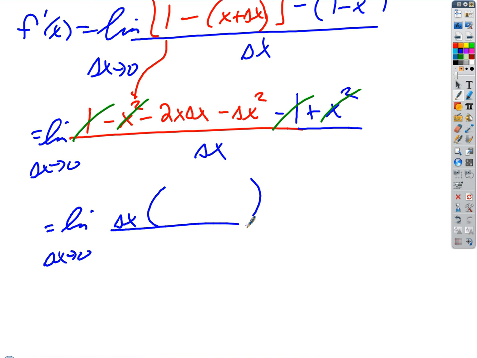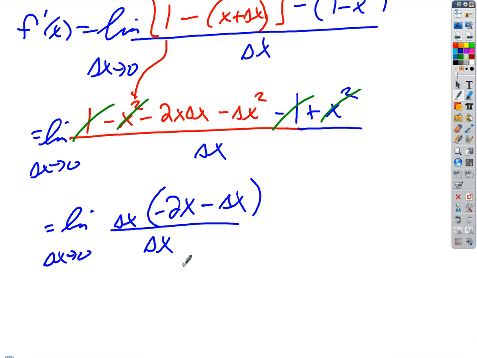I'm going to remind you that factoring is a process of division. You can always think of factoring out a greatest common factor as undistributing that factor. So if I undistribute a delta x, I'm left with a negative 2x in the first term, and here, minus delta x, over delta x. Questions on that?